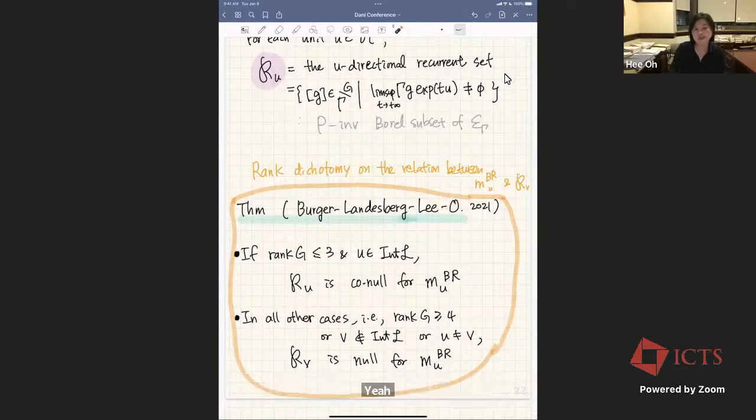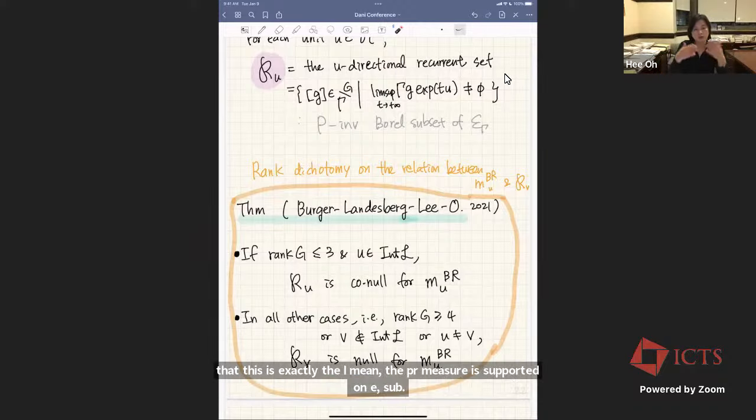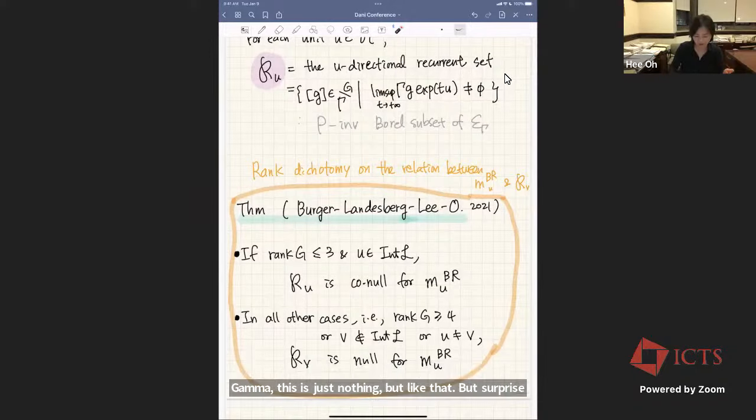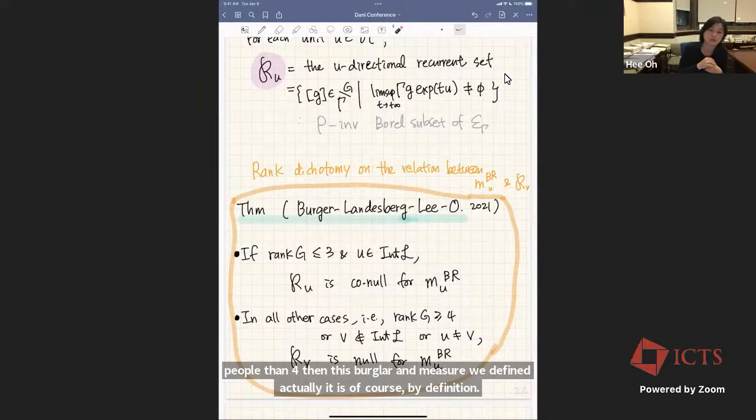In the rank 1 case, this is exactly the BR measure supported on E sub Gamma. But surprisingly, if you look at the higher rank, meaning not just bigger than 2 but bigger than 4, then this Burger-Roblin measure we defined is, of course, by definition supported on this E, but however, it gives measure 0 to the directional recurrent set.